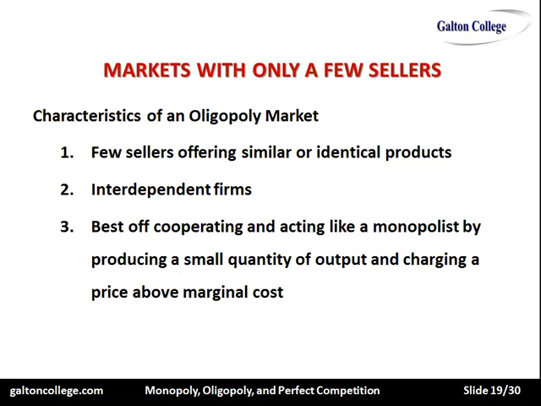If they can work together, they become a monopoly. And of course that may not be in the interest of the buyer, because now the price is more expensive, there's reduced innovation, reduced change, reduced competition, so the buyer may suffer as a consequence.